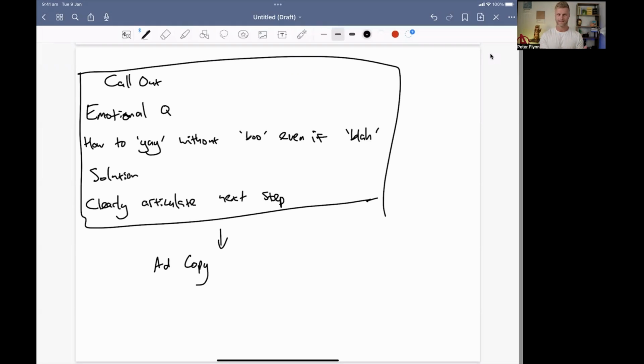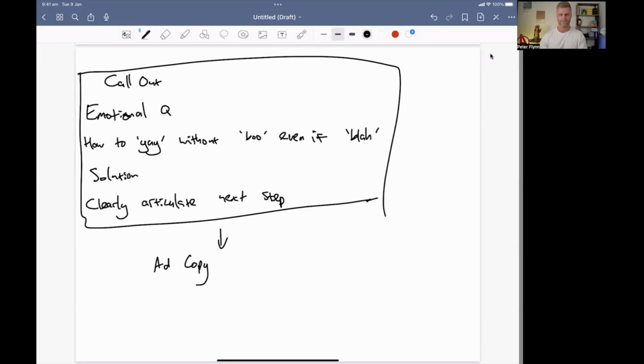So that's for clients. Now, when we look at it for team members, I do the exact same thing. So the call out, instead of being specifically to people with a specific medical condition or challenge, changes to people of a specific profession. So you might say at the top, new grad speech therapists or new grad occupational therapists.